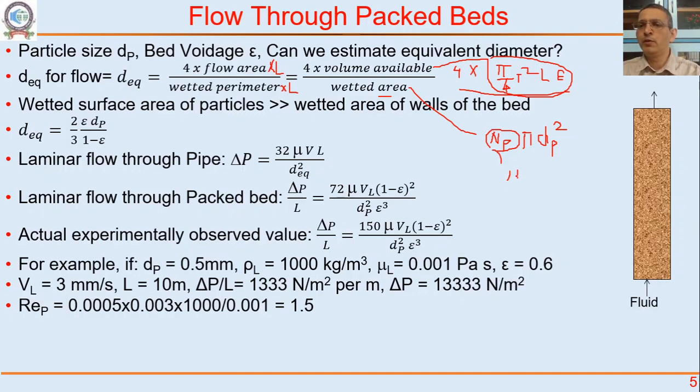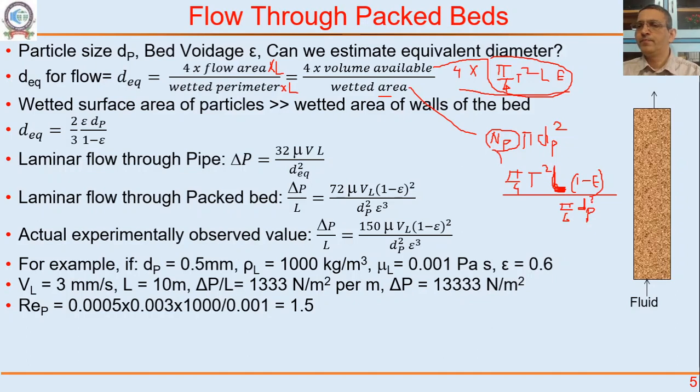What is the total solid volume? Pi by 4 T square L is the total volume of the bed, multiplied by 1 minus epsilon, the solid fraction, is the solid volume of all solids put together. Divided by volume of one particle, that will tell you how many particles are there.